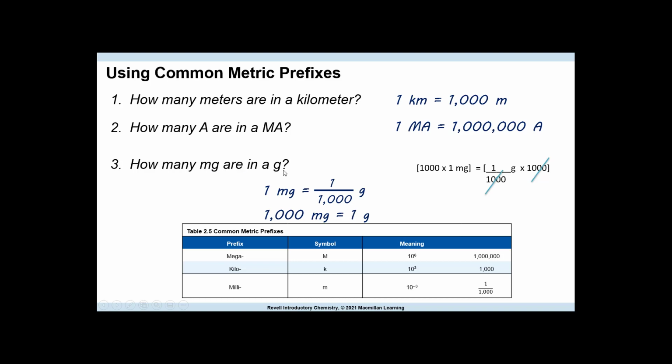How many milligrams are in a gram? So I wanted to show you where this came from, because see, it shows you this, and then it gives the answer like this. How did they do that? Because if you look here, it says milli, has an M, 10 to the negative 3, and it's 1 over 1,000. Well, if you do the math, and this math is right here, if you multiply 1,000 on both sides, this crosses this out, leaving 1 gram.